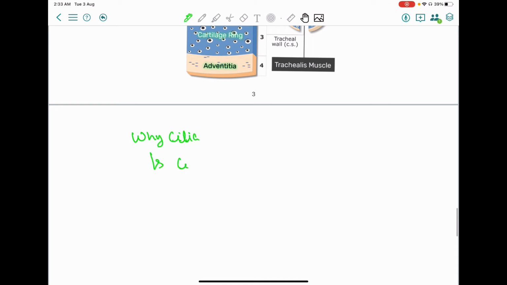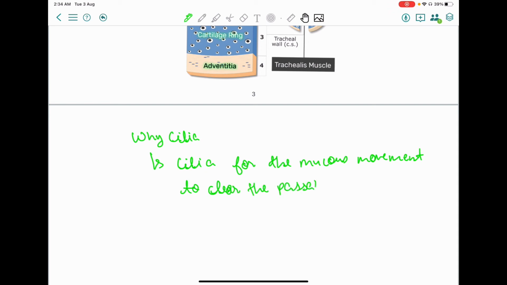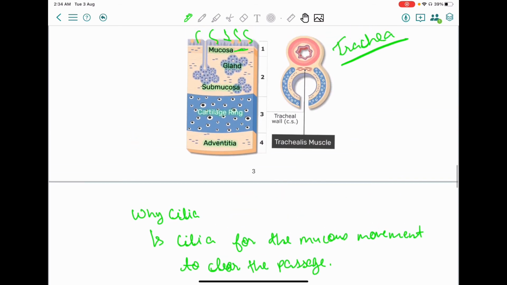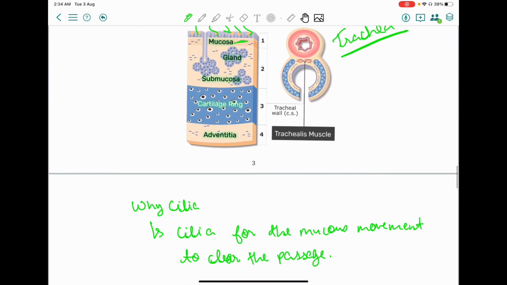Cilia are present for mucus movement, to clear the passage. So the cilia are needed to clear the passage of the respiratory tract.